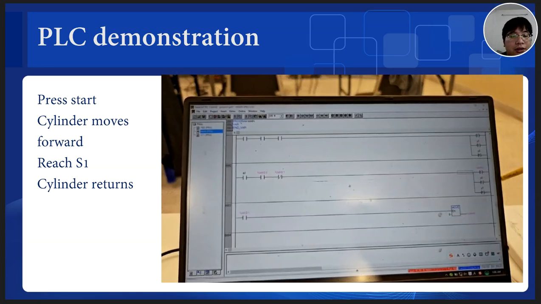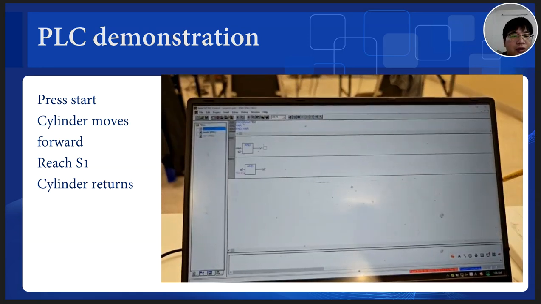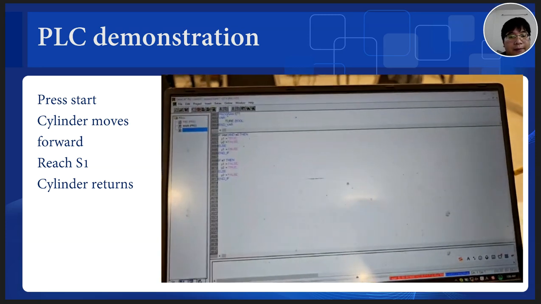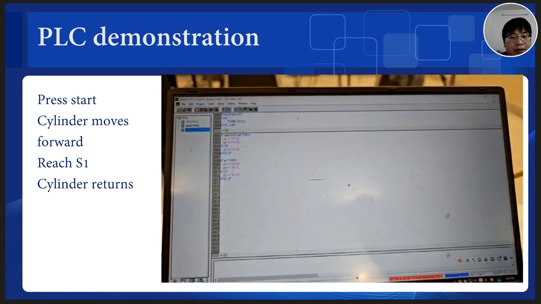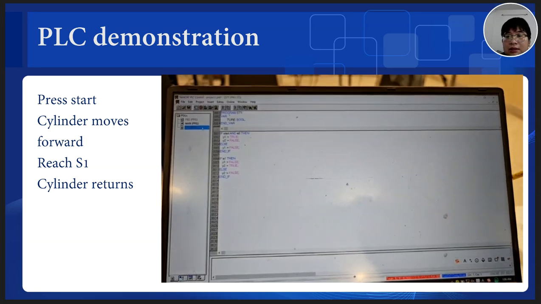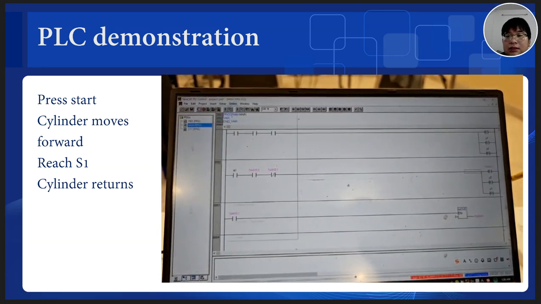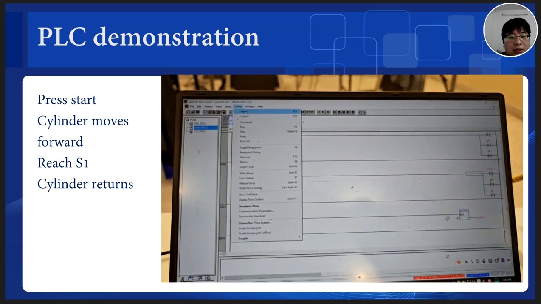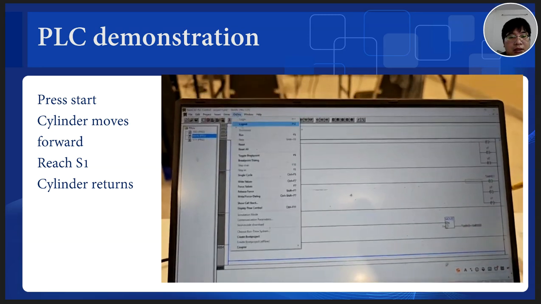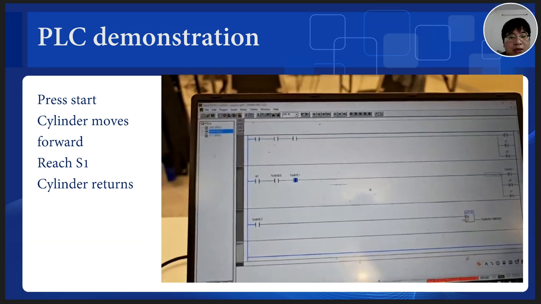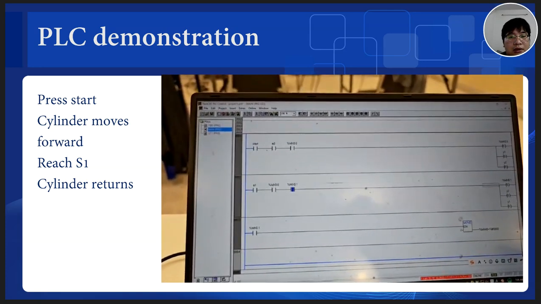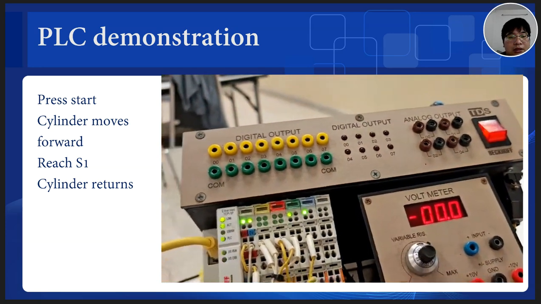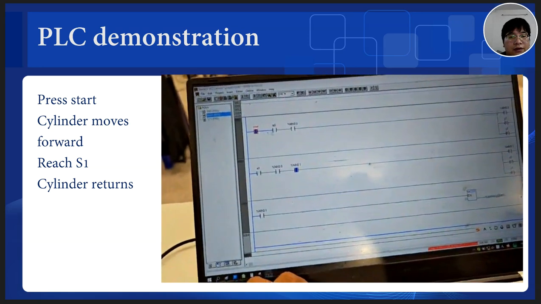This page shows the real PLC demonstration process. First, I press the start button. Then the slider moves forward.